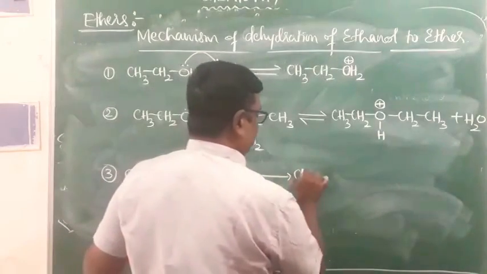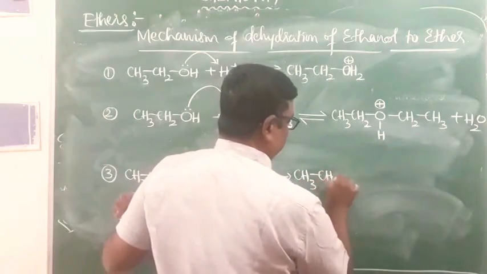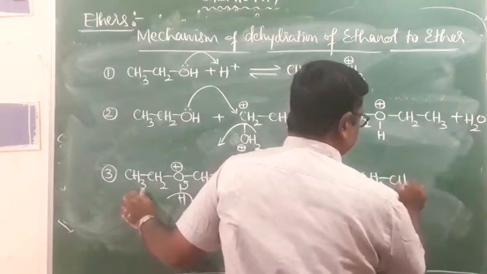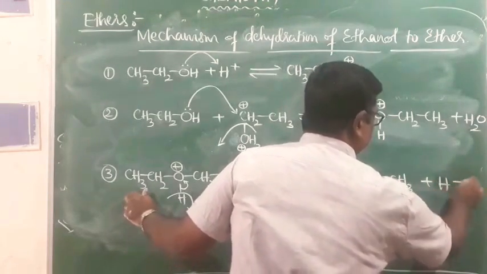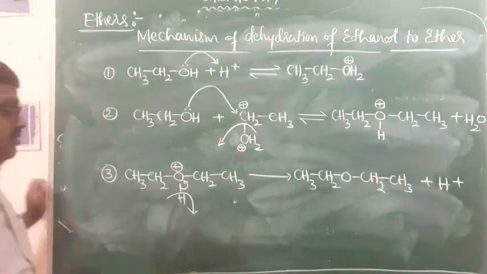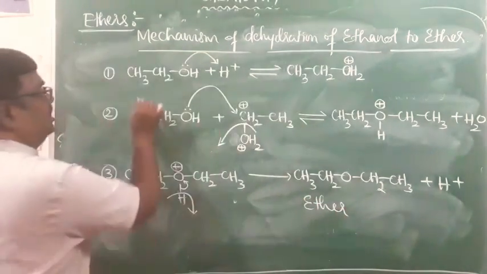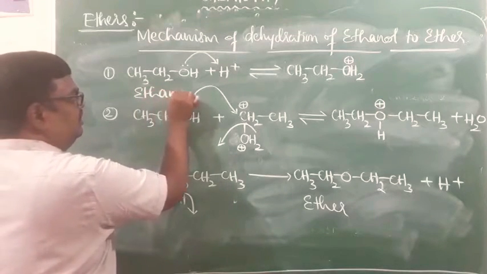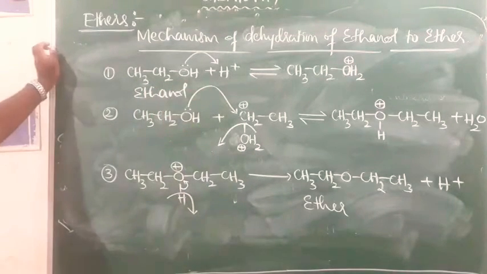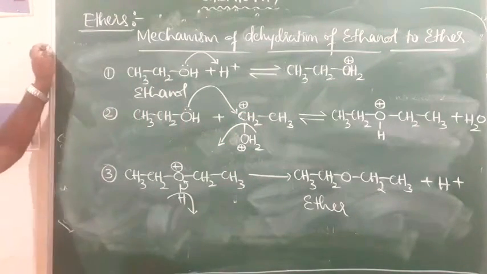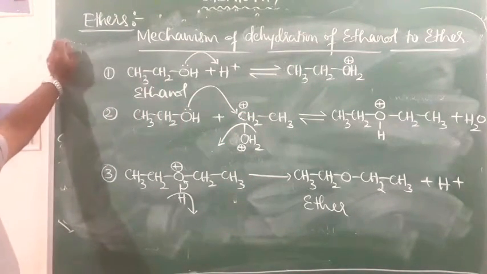You get CH3CH2OCH2CH3 along with H plus. This is what we call diethyl ether. So you started with ethanol, and this is the mechanism of conversion of ethanol to ether.